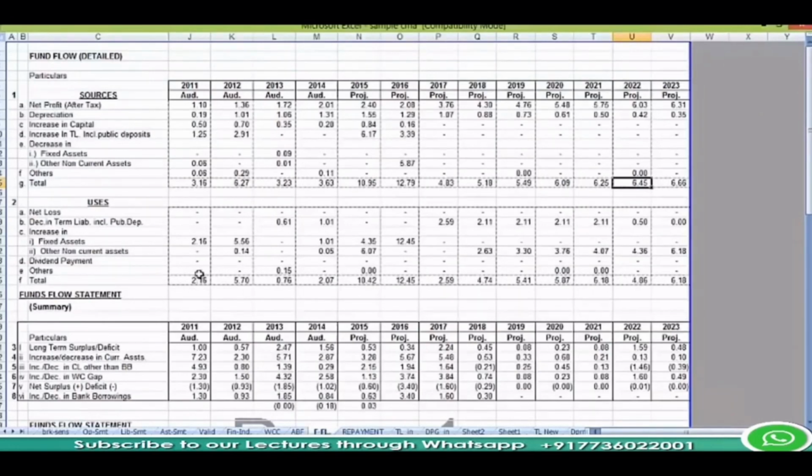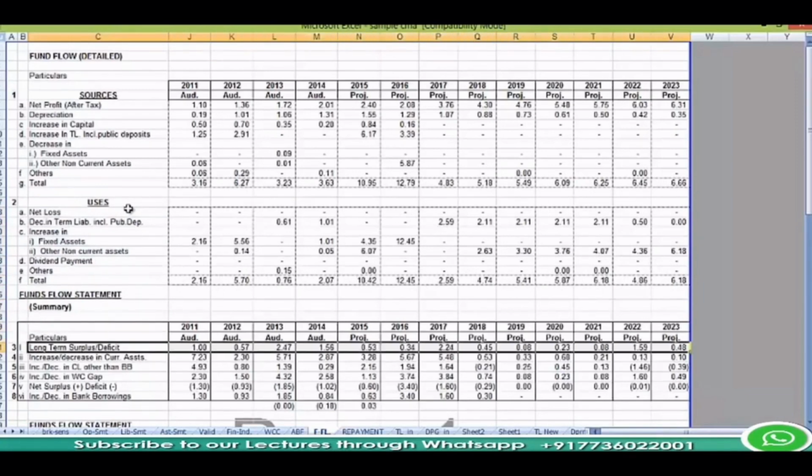This statement would list out all the sources of funds, and when we say sources, all long term sources, and it will also list all the uses, I mean, what are the long term uses. Sources and uses will be shown separately. Then at the end of it, it would give the surplus or deficit out of all these sources.